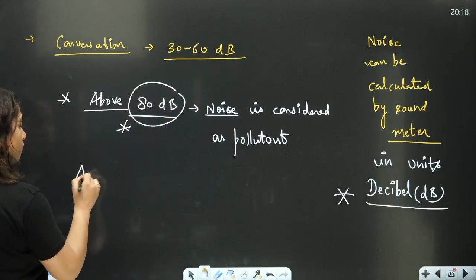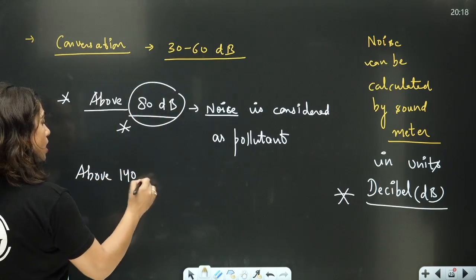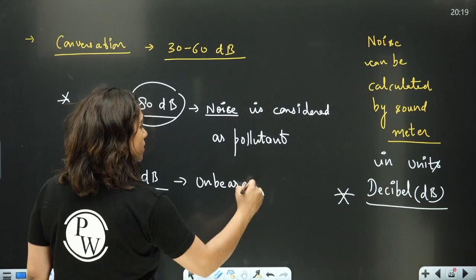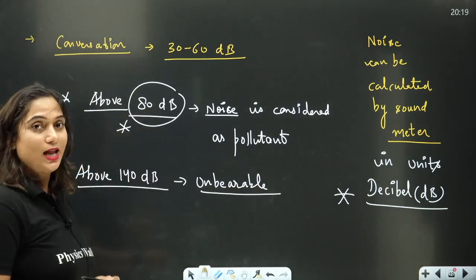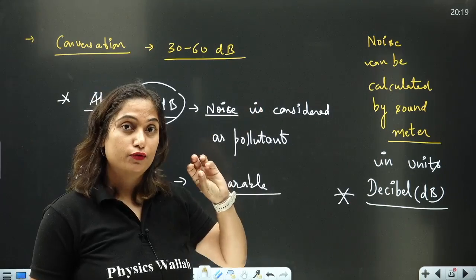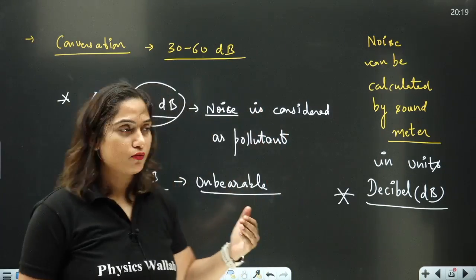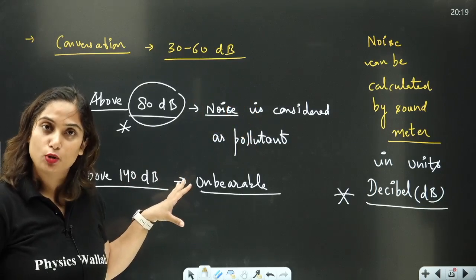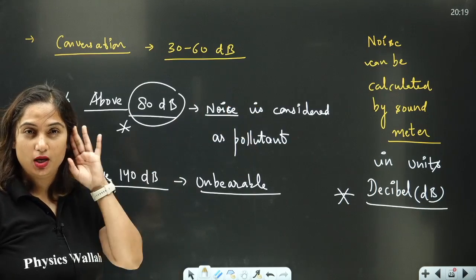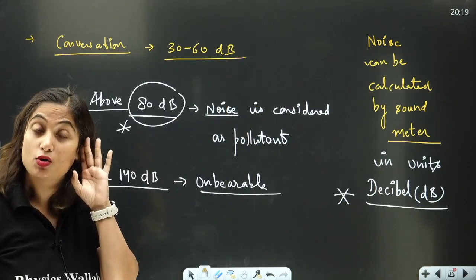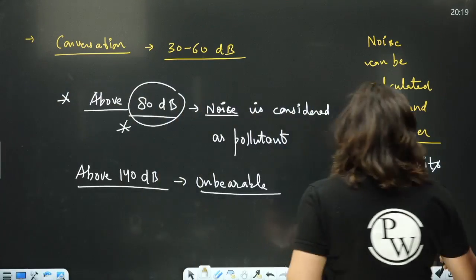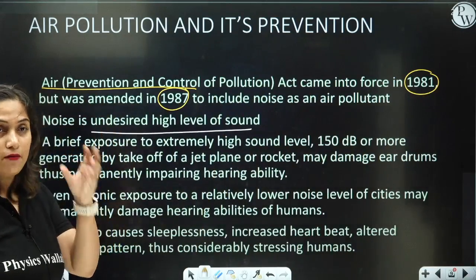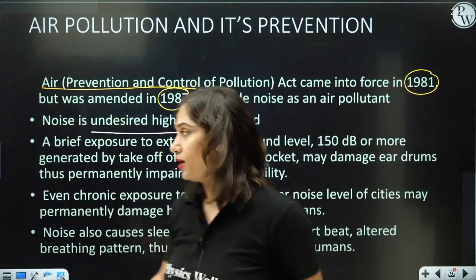And above 140 dB, it becomes unbearable for our ears to bear the noise, like the noise of jets and rockets. So in a normal conversation, the range is 30 to 60 dB. Above 80 dB, it is considered a noise pollutant, and above 140 dB, it becomes unbearable and can cause damage to our ears. So noise is an undesirable high level of sound, which is not desirable to our ears. That is called noise.